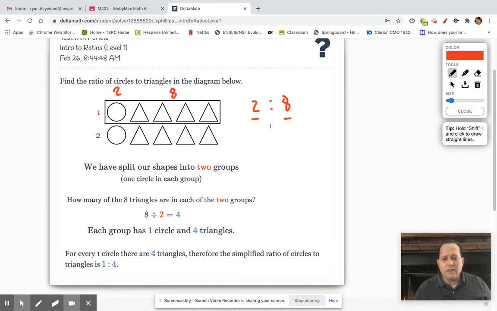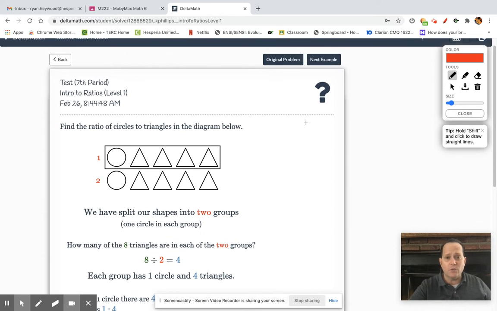And what it did is we divided them into 2 groups, or divided both of them by 2. 2 divided by 2 is 1, 8 divided by 2 is 4, okay? And you can see that we have 1 circle to 1, 2, 3, 4 triangles with a ratio of 1 to 4. So that's how that works. Let's go ahead and do the actual problem.